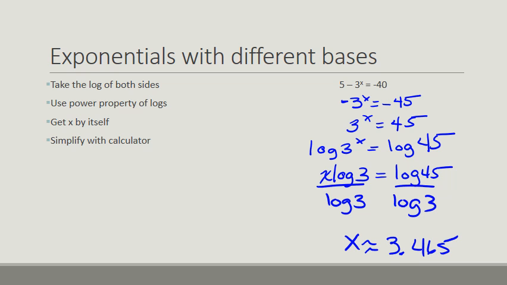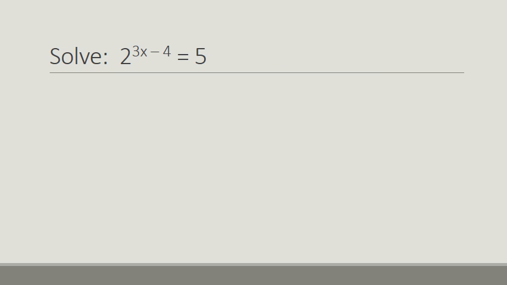Right, let's try another. So now we've got the exponent all by itself, so we can write log 2 to the 3x minus 4 equals log 5.